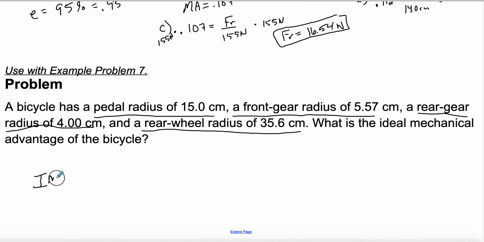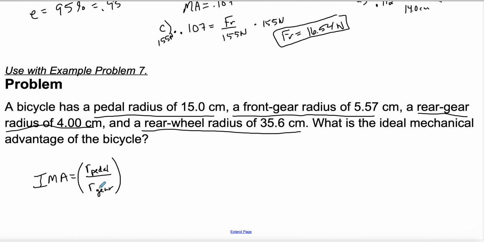So again, we have to figure out our effort and our resistance. So we're going to make ratios here. Let's say our radius of pedals, and I wrote this on the last slide, that's going to be our effort radius over the radius of the gear, and this is our resistance.